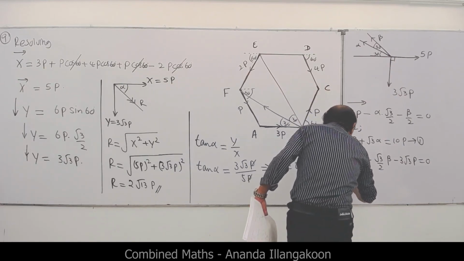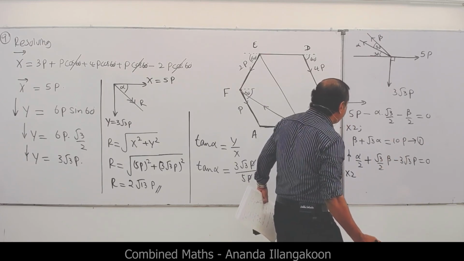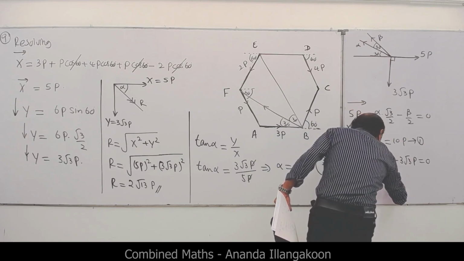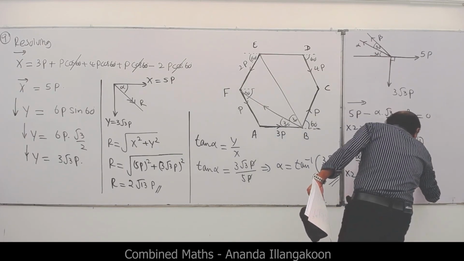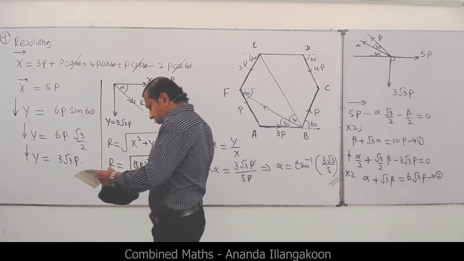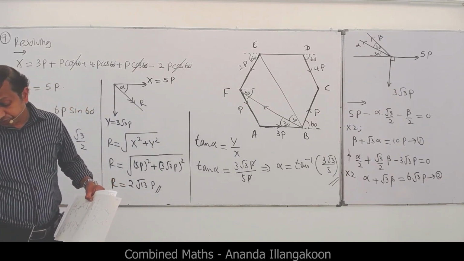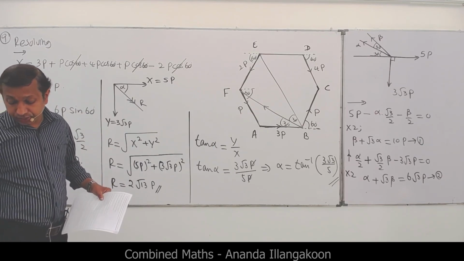Multiply this by 2, and meanwhile take this to the right hand side. Then alpha plus root 3 beta is equal to 6 root 3p. Number 2. By solving these 2, people, we can find alpha and beta. Now we get the answers.